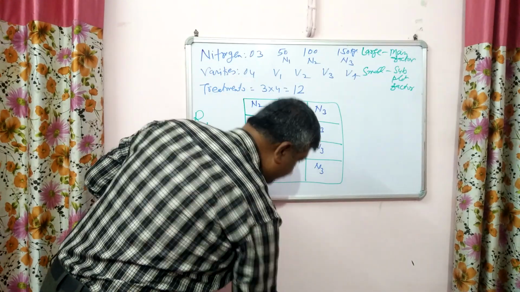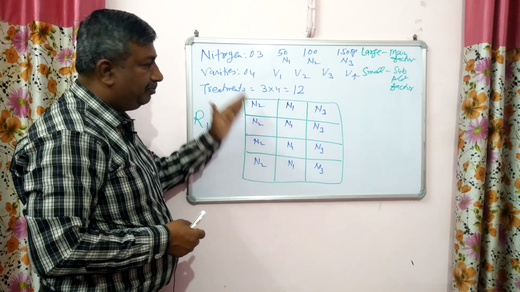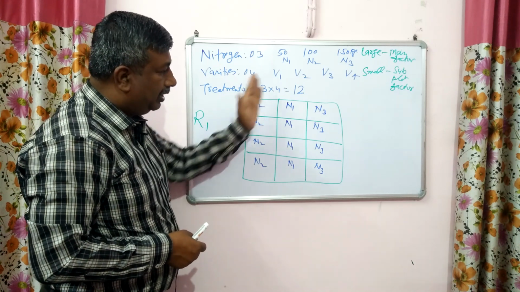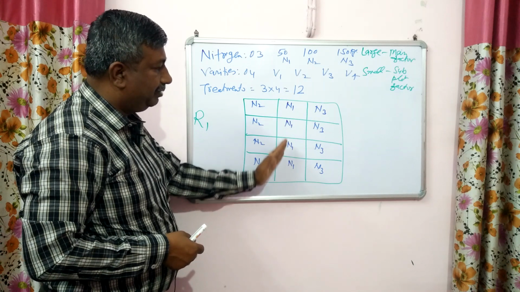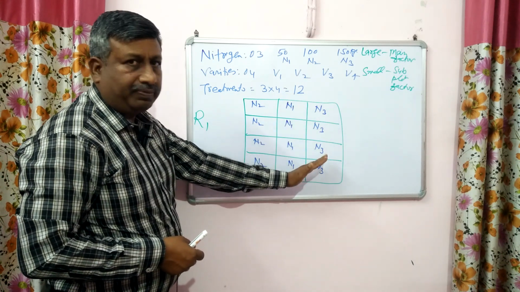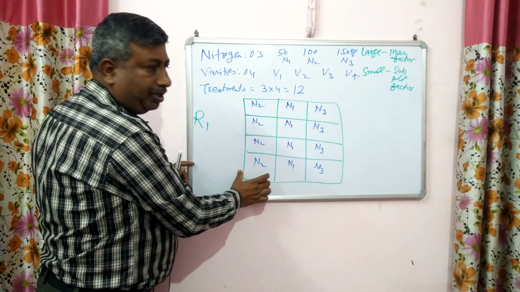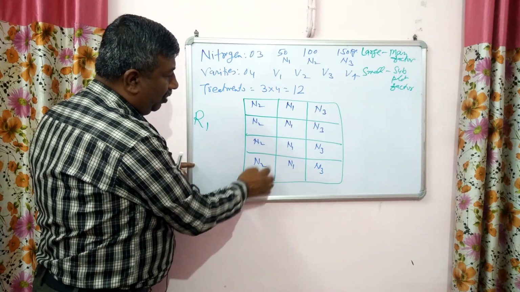Now, these whole 4 plots will receive same amount of nitrogen, that is N2. Then all these 4 will receive same amount N1, and similarly all these 4 will receive equal amount of nitrogen, that is N3. Now this is main plot, and these are subplot.